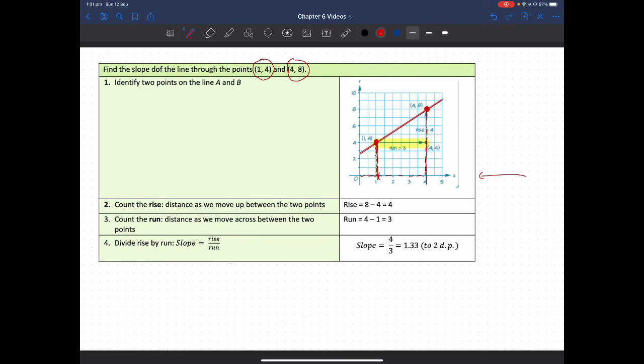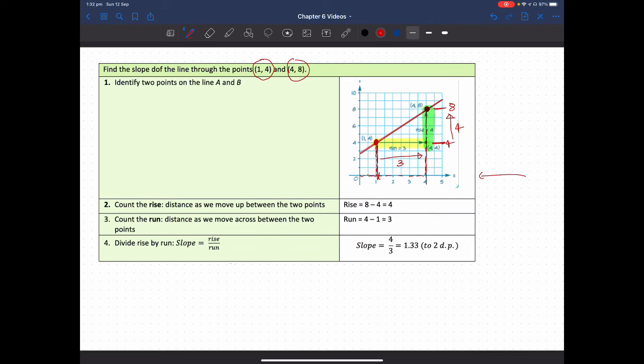So we have gone across 3 units. If I looked at my rise, I'm going to do this in green. Here is my rise. I've started at 4 and I have gone up to 8. I've gone up 4 units.